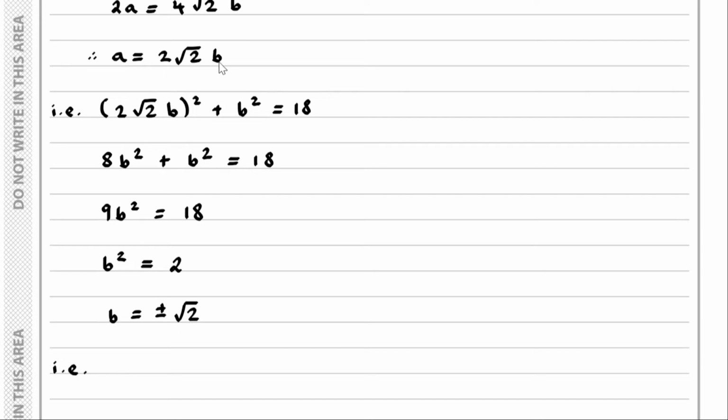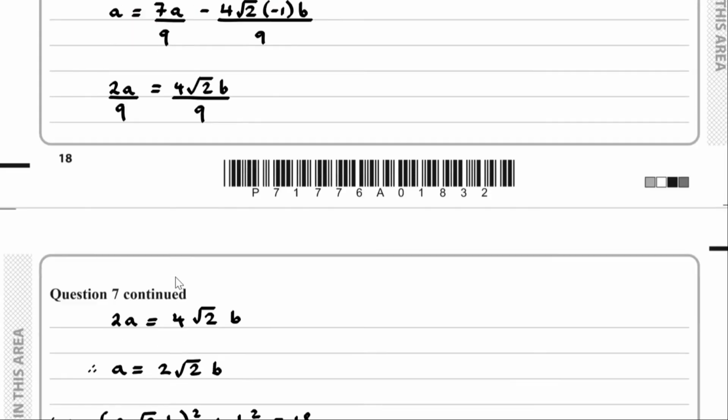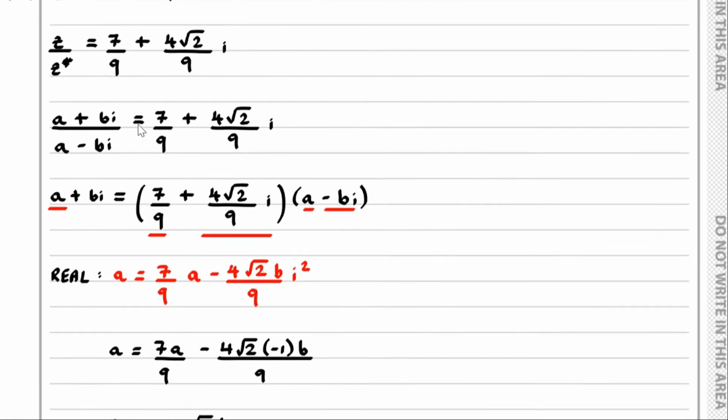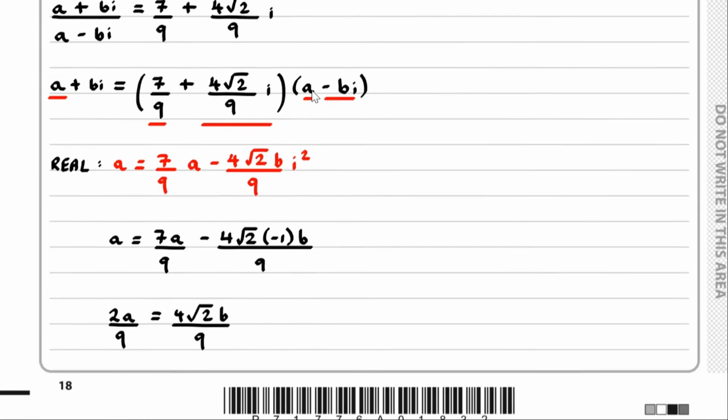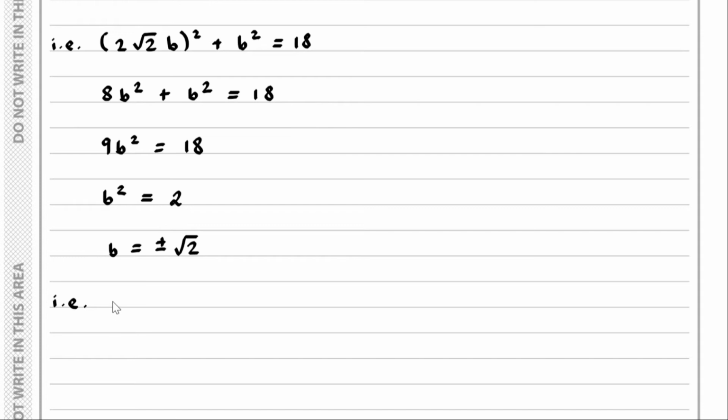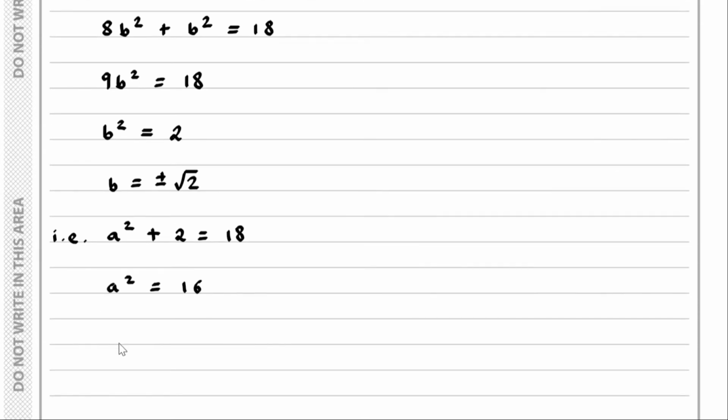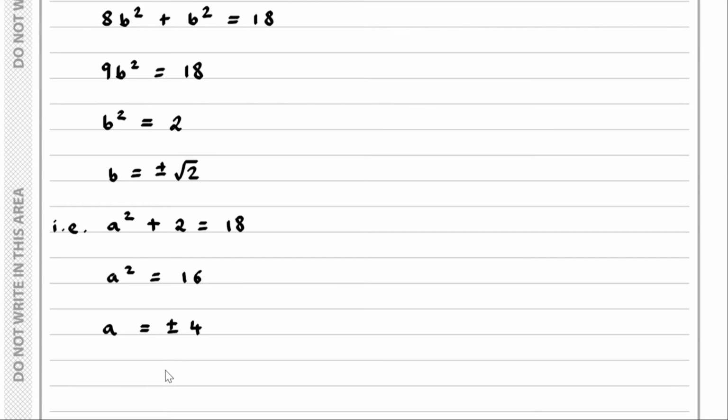If I substitute that to find out what a is, well, if b squared is 2, and substituting this into a squared plus b squared equals 18, we have a squared plus 2 equals 18. a squared is 16, and so therefore a equals plus minus 4.